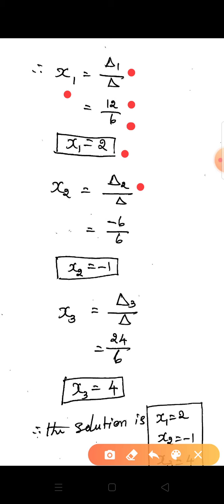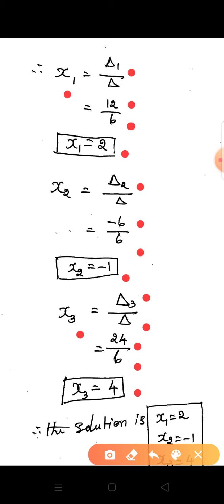Here the delta 2 answer is minus 6 and delta is 6. After simplifying we get x2 equal to minus 1. And x3 is equal to delta 3 by delta. Delta 3 is equal to 24. The delta answer is 6. After simplifying we get x3 equal to 4.